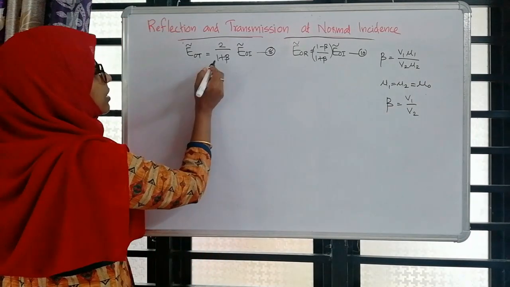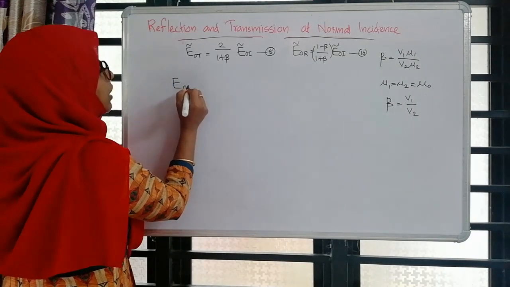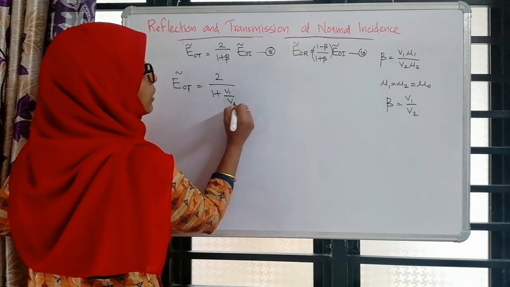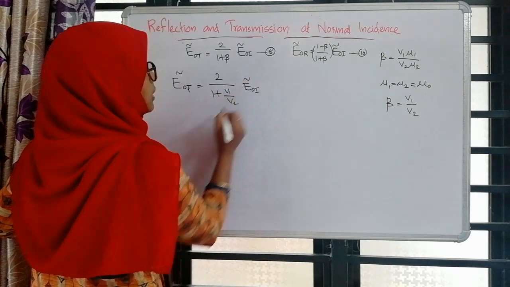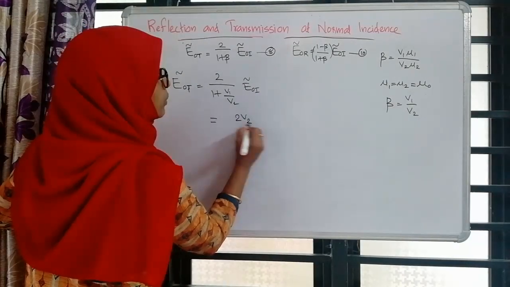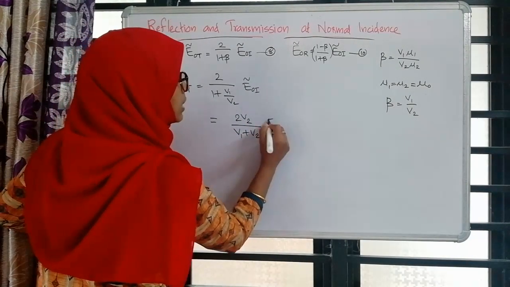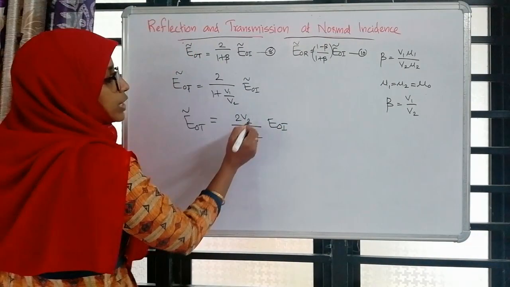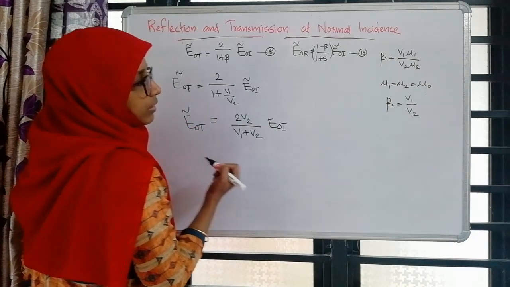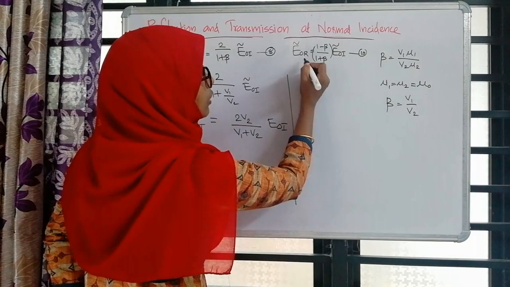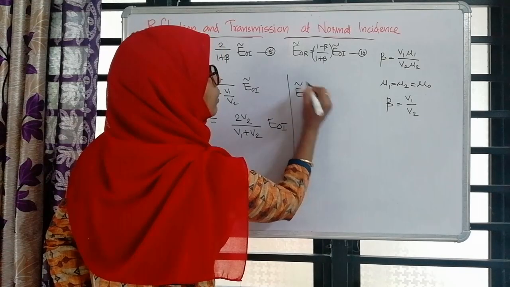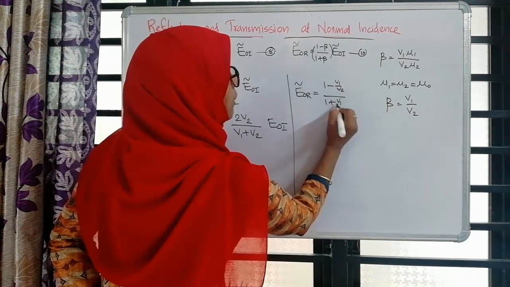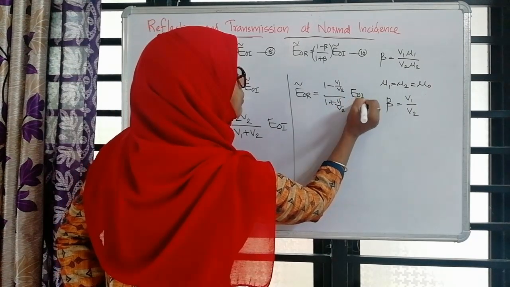First case, consider this equation: E0t is equal to 2 by (1 plus V1 by V2) E0I. That is equal to 2V2 divided by (V1 plus V2) E0I. So, E0t is equal to 2V2 by (V1 plus V2) E0I. Next, we can consider this equation: E0R is equal to (1 minus V1 by V2) by (1 plus V1 by V2) E0I.